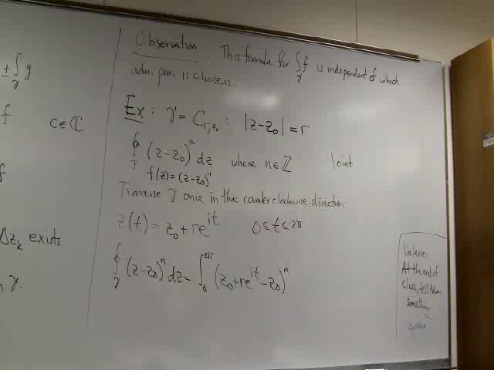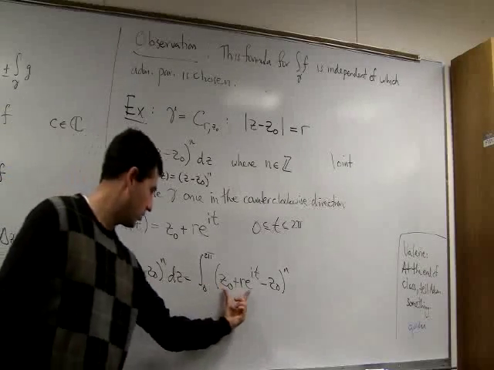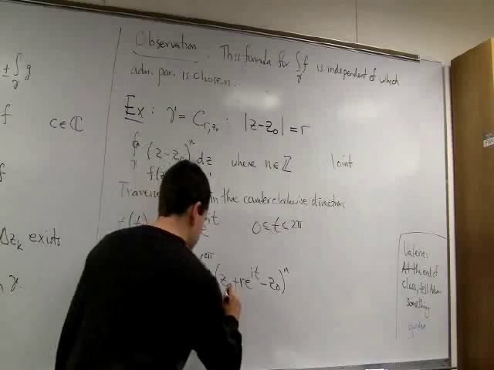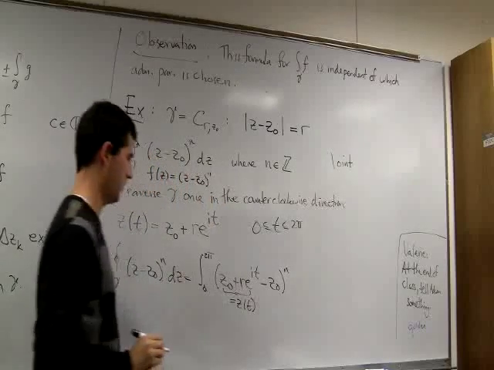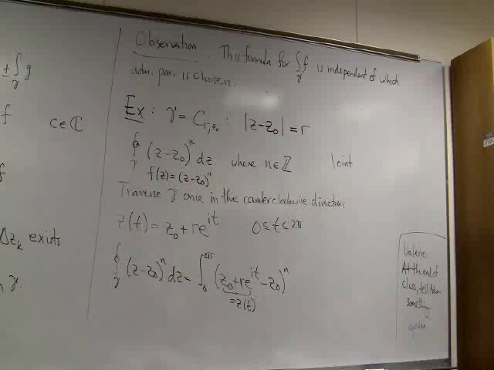If I plug in z of t for z, that means everywhere I see a z, I put z of t. So here I took a z and turned it into z of t. Now we got it.